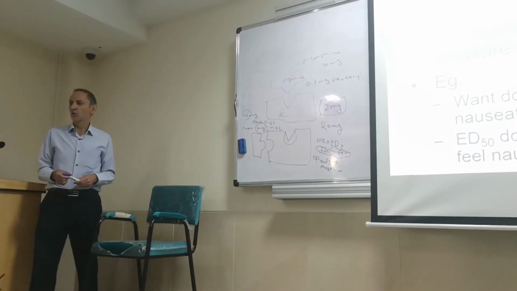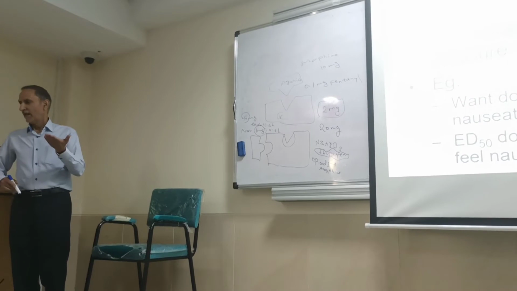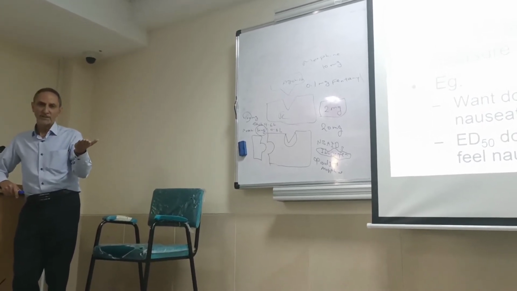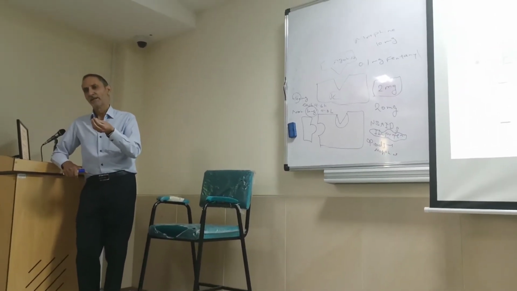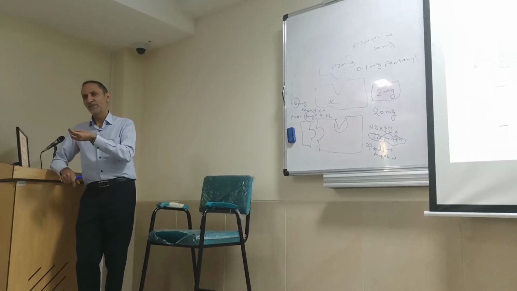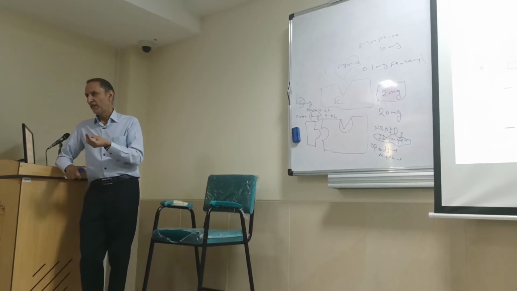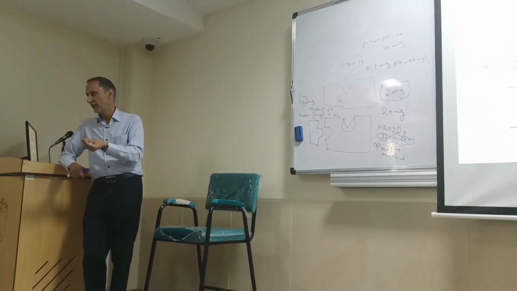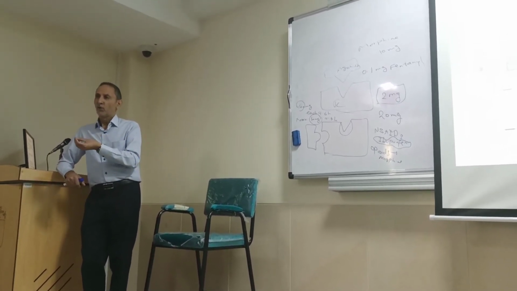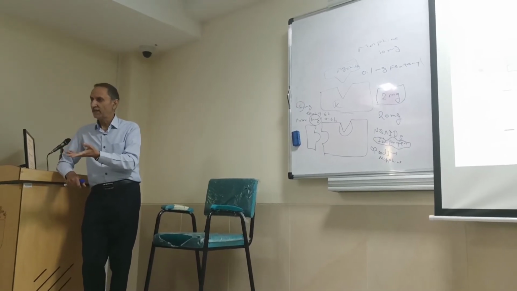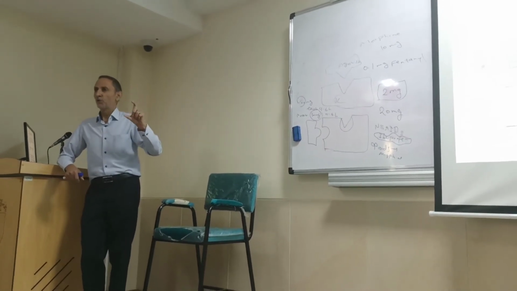LD50 is lethal dose that kills. LD50 in animals is defined as the dose that can kill 50% of animals. So, ED50 is the dose that produces 50% of effect. For LD50, the dose that kills 50% of animals. And the ratio of LD50.